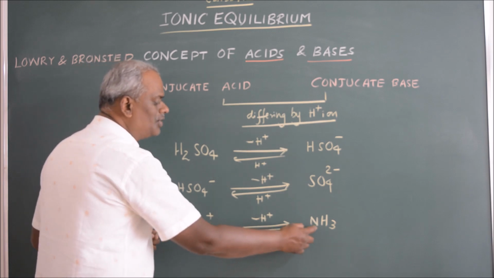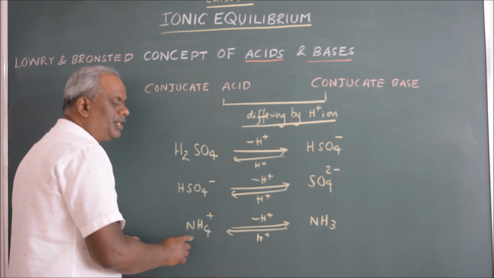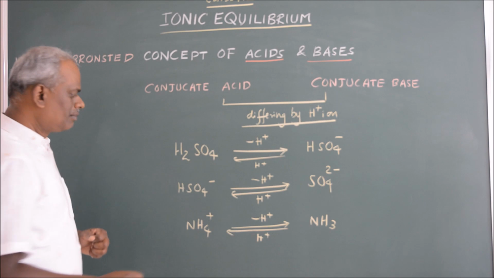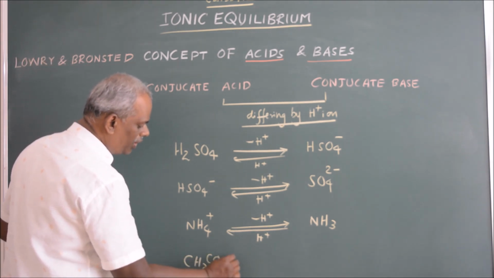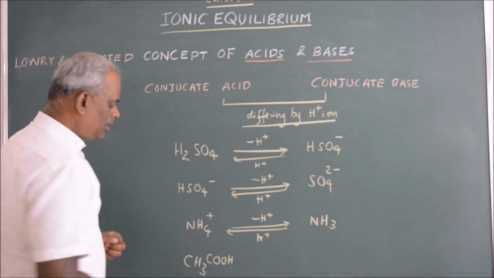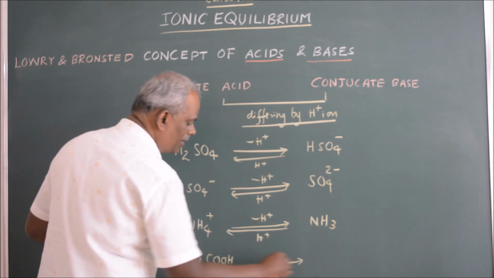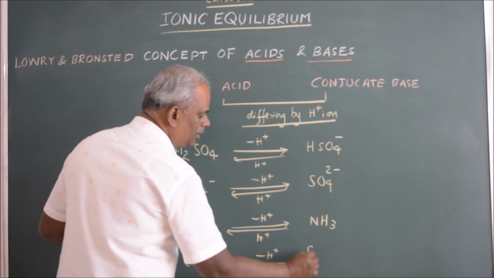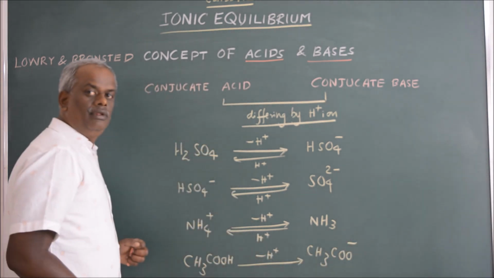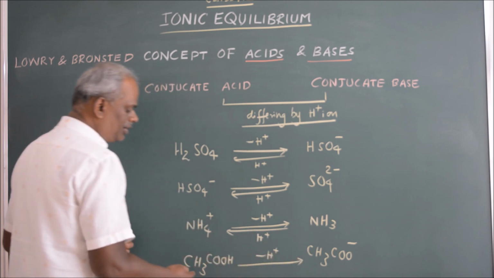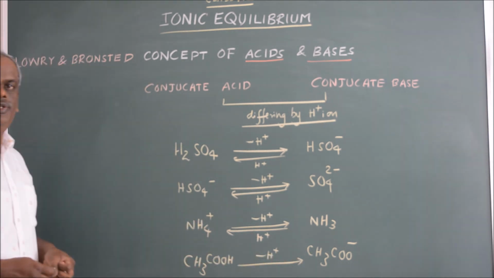So what would be the conjugate acid of NH3? It is NH4 plus. Likewise, if you take CH3COOH, on the loss of H plus it can form acetate, CH3COO minus. So this is the conjugate base of CH3COOH.